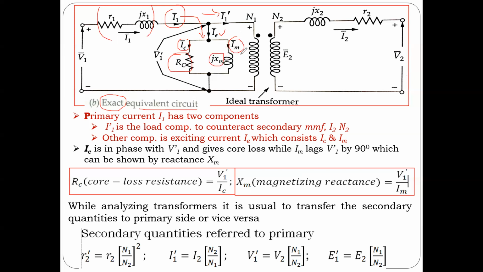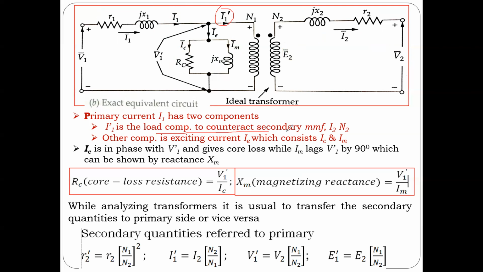The magnetizing current is for this magnetizing reactance. In the secondary circuit, this is the load voltage, leakage resistance and reactances, leakage impedance, and induced voltage. Now the primary current, as I was saying, has two components.